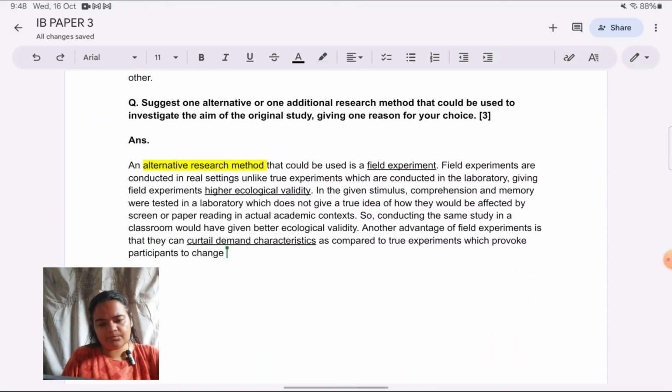If we don't like the word provoke, we can say induce participants to change their behavior from knowledge that they are part of a study.